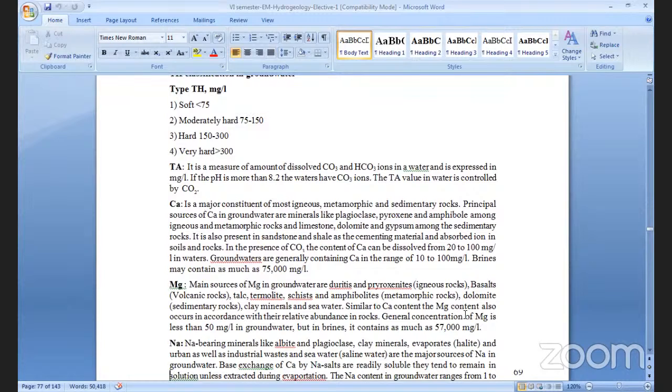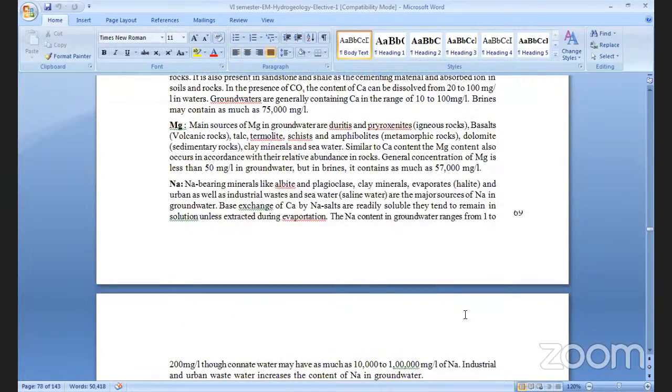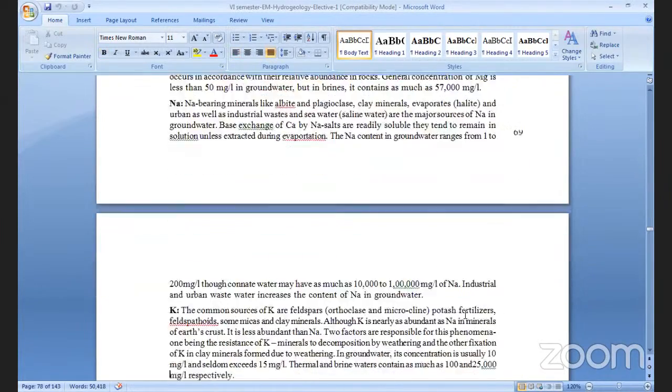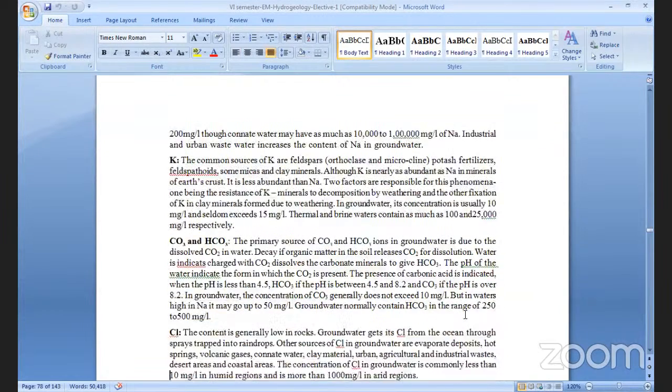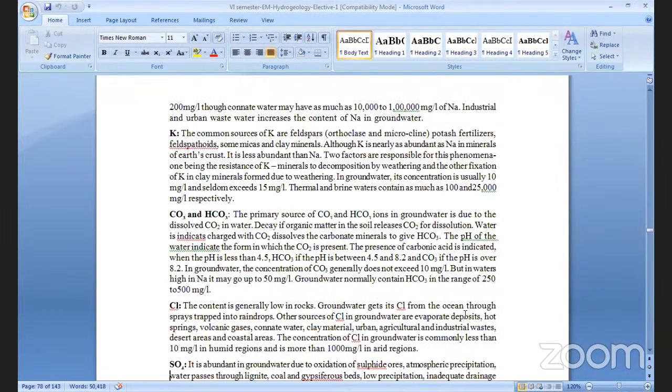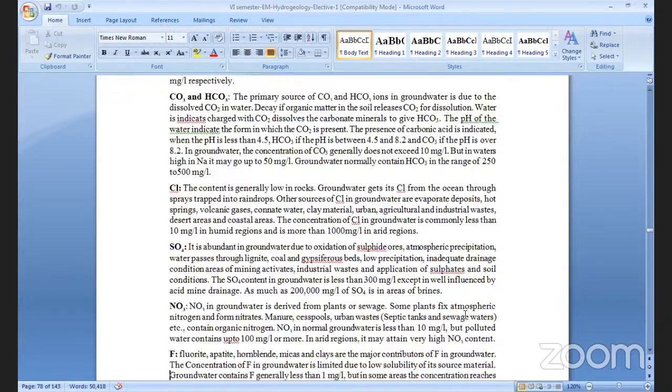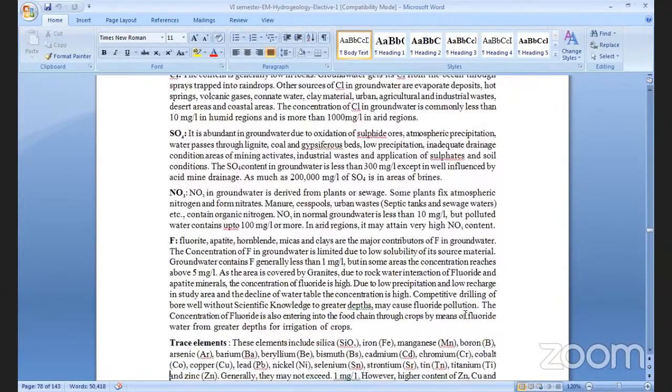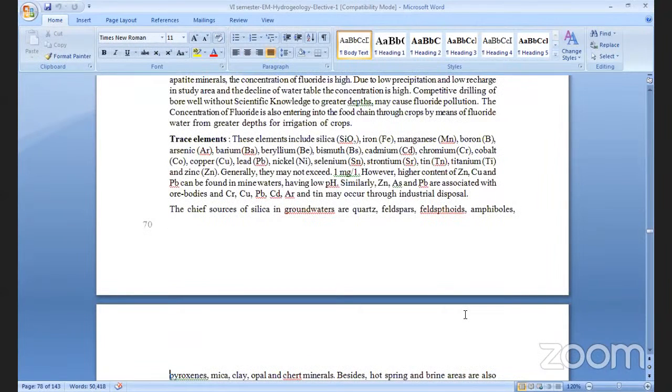pH values depend on the major ions. For example, for the total hardness: how much calcium will be present, and magnesium, sodium, potassium, and all those. And next are carbonates and bicarbonates, chlorides, sulfates, nitrates, and other trace elements.